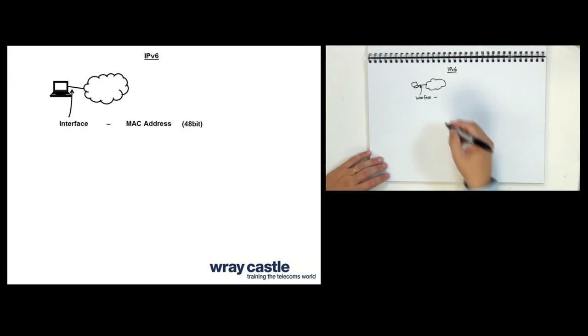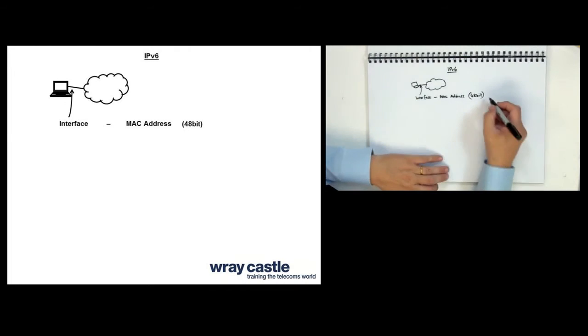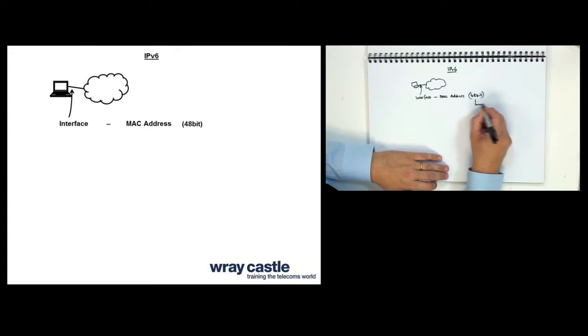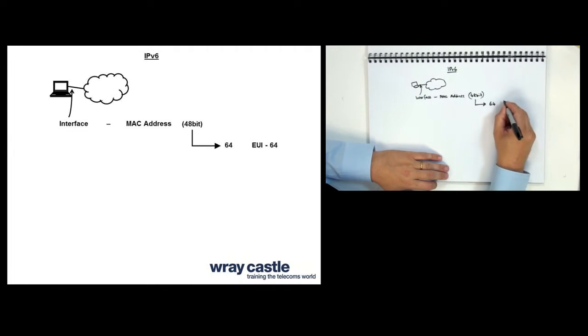It has an address when it's manufactured, and that address is its MAC address. Now that's a 48-bit address. What we do for IPv6 is we take that 48 bits and we increase it to 64 bits, and we create what's known as an EUI64.